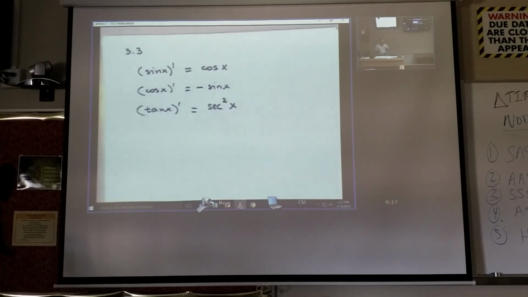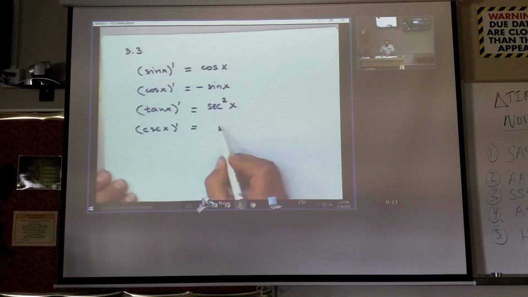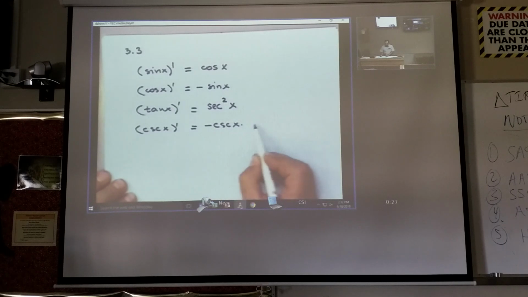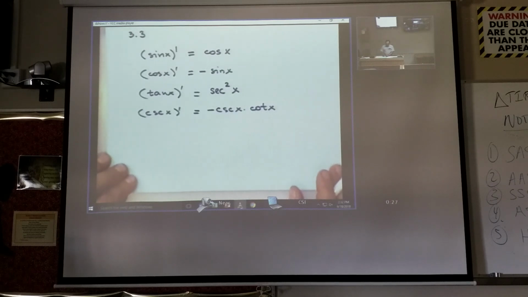It's fine right now. This is the first time you look at it. I understand. But overall, you need to know that. So these are the first three, then we have, for example, cosecant of x. And the derivative is negative cosecant of x times cotangent of x. And like I said, we can prove them.